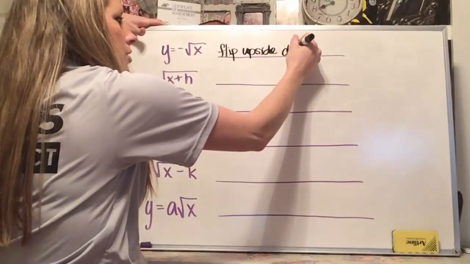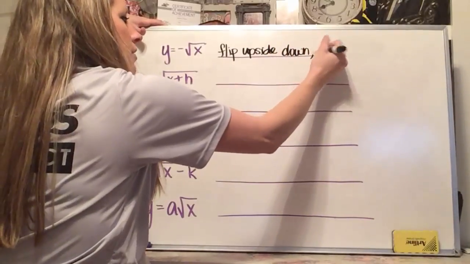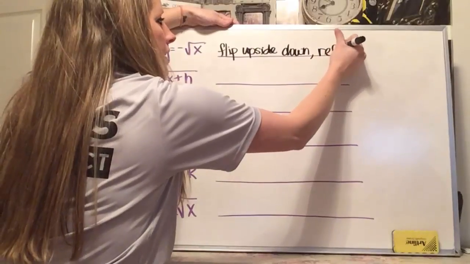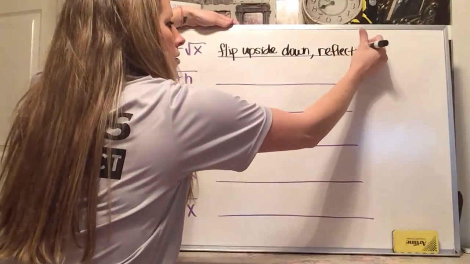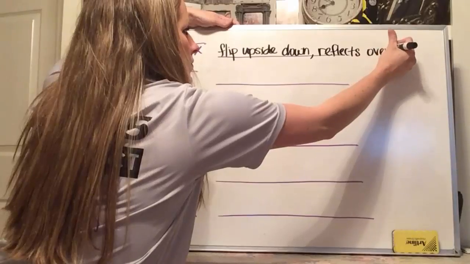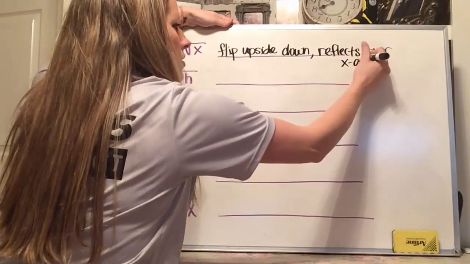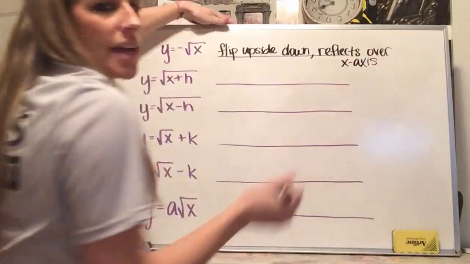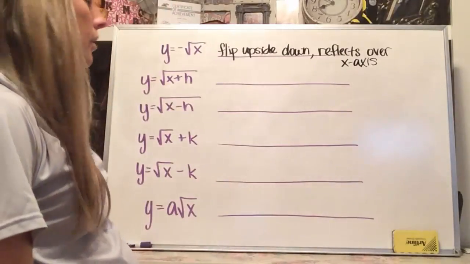Or what you'll see is that it's reflected over the x-axis. So I would definitely have both of those written down because you might see it written either way.